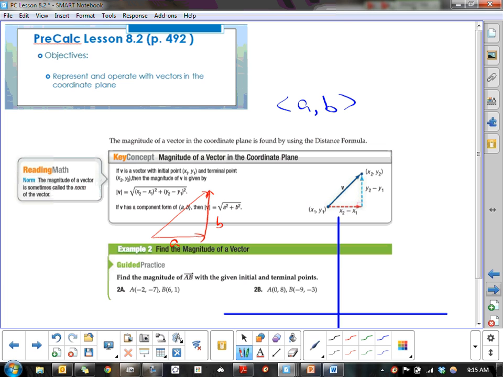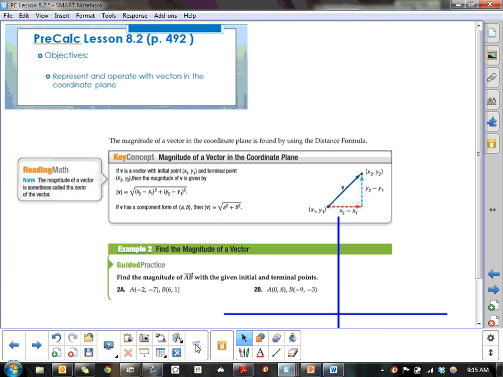If it's already in component form, is there a need to find the change in your y's and change in your x's? No. It's already been done. So if it is in component form, it actually makes it a little bit faster. You can always go to component form, and then once you get to component form, find your length by taking a form of what? What does this look like? Pythagorean theorem. And distance formula is Pythagorean theorem, all the way.